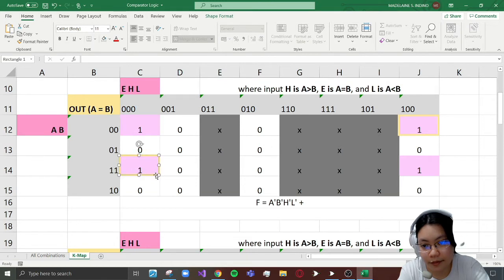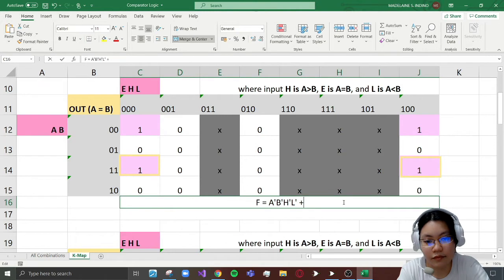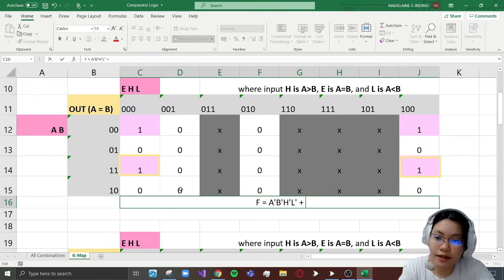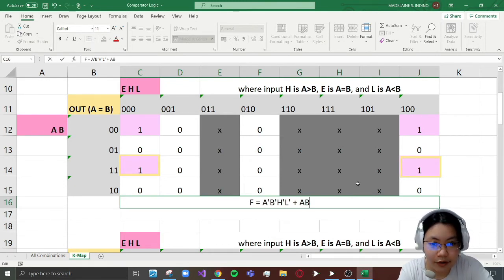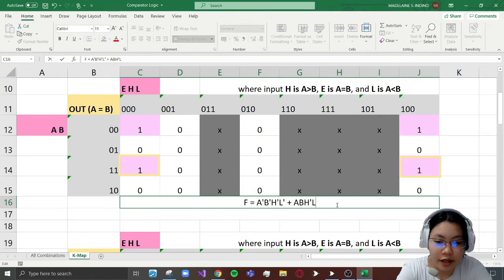Our second group are these 2. We can see that A and B are also constants. They are both 1 here, so we'll just write AB. However, for the vertical comparison, it is the same as the first group, where E is cancelled and H and L stayed as their complements.